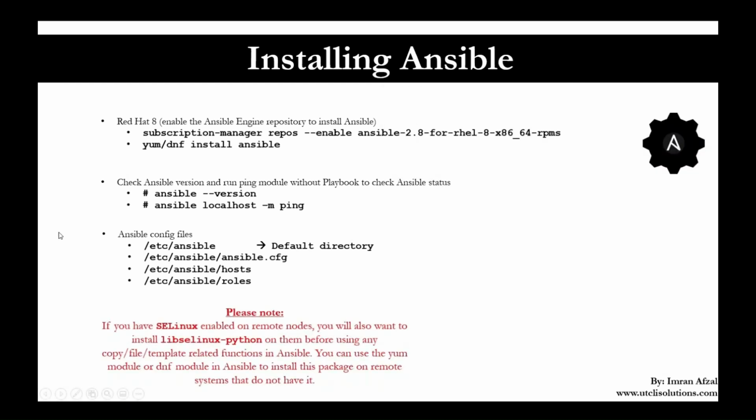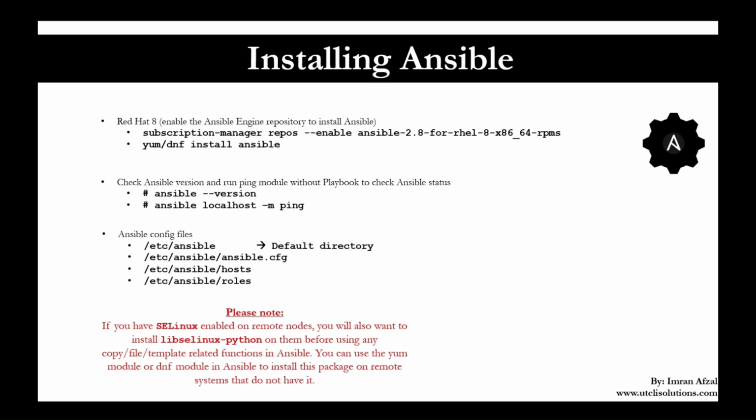All right, the last thing, please note, if you have SELinux enabled on remote nodes, you will also want to install libselinux-python on them before using any copy, file, or template related function in Ansible. Now, you do not have to log into each and every one of them. What you could do is use the yum module or DNF module in Ansible to install this package on remote hosts that do not have it.